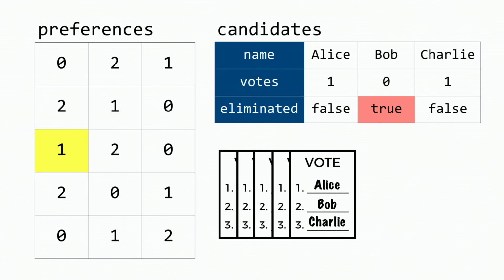But Bob's already been eliminated, so the vote can't actually go to Bob. So instead, this voter is going to look at their next preference, candidate number 2, who in this case is Charlie. Charlie is still in the race, and so Charlie gets this vote, and his vote total gets updated from 1 to 2. The next voter votes for Charlie, no problem, and the final voter votes for Alice. So by the end of it, Alice has 2 votes, and Charlie has 3.